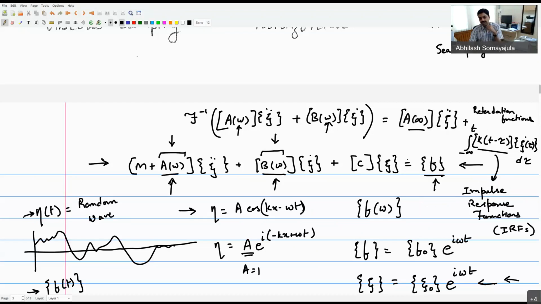So my new equation of motion is only dependent on time.